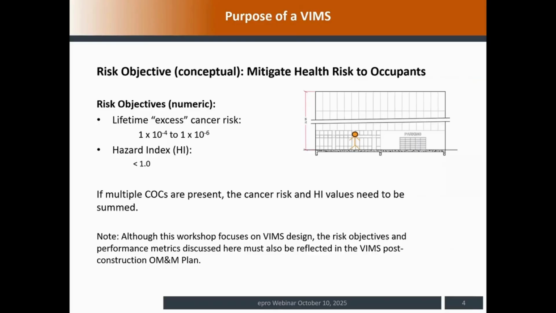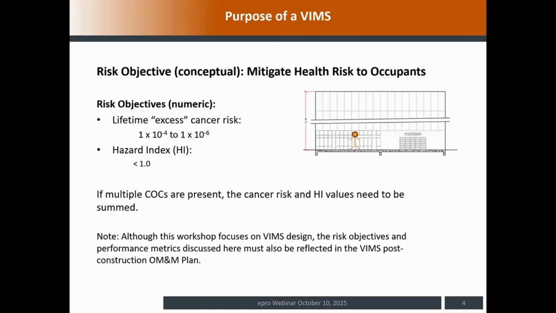So what are risk objectives? The way we like to think about this is that the objectives are, of course, numerical, and generally there are two that we look at from a human toxicology standpoint.